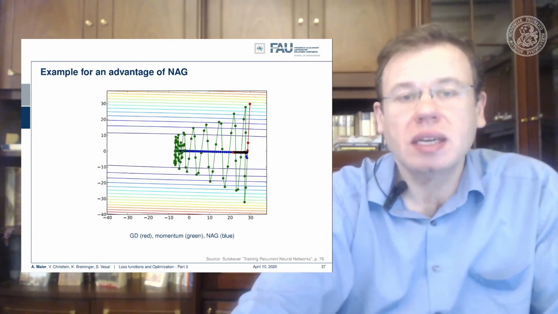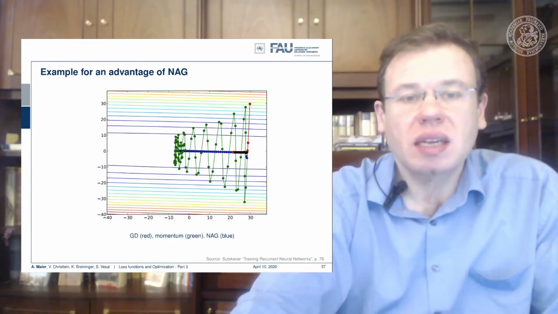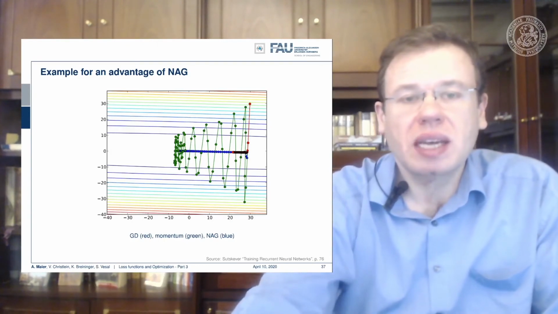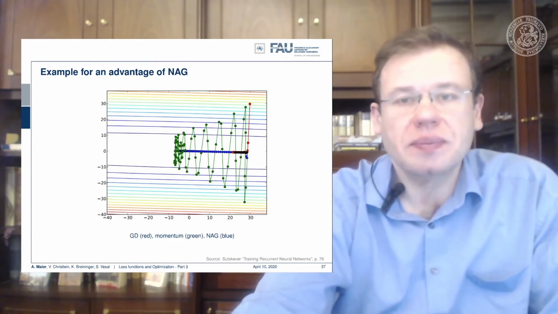Even if you introduce the momentum terms, you still get this highly oscillating behavior. If you use the Nesterov accelerated gradient, you can see that we compute this look ahead, and this allows us to follow the blue line. So we are directly moving towards the desired minimum, and we are no longer oscillating. This is an advantage of NAG.